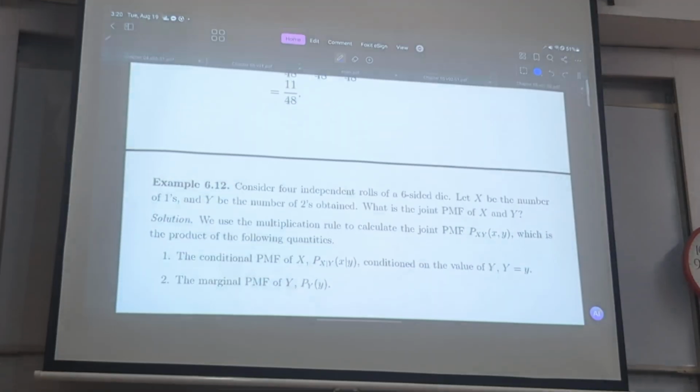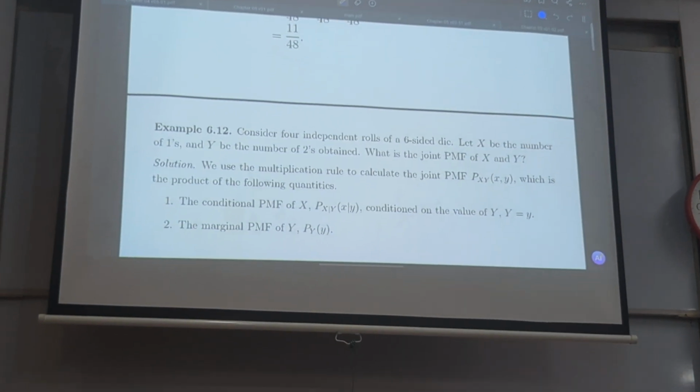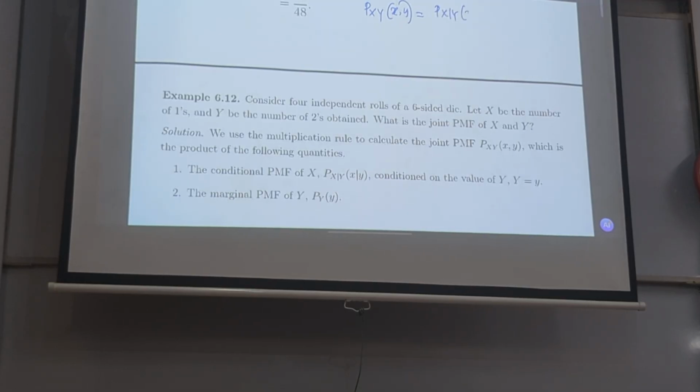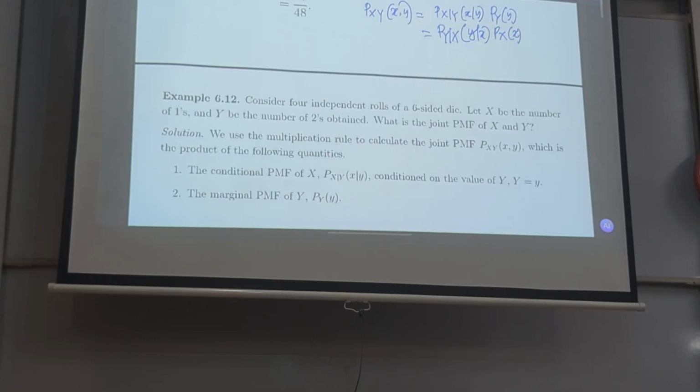It says the joint probability of two random variables is the product of the conditional PMF of one random variable with respect to the other, times the marginal PMF of the other, and vice versa. You can also have this formula in place. As I mentioned earlier, which one will you use? First one?